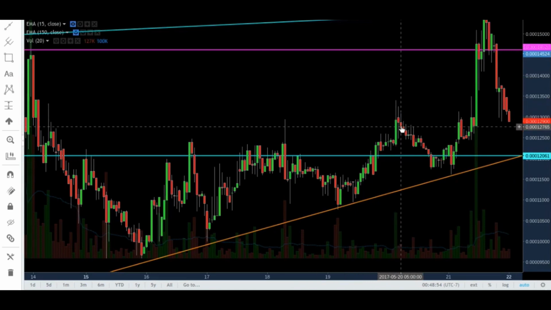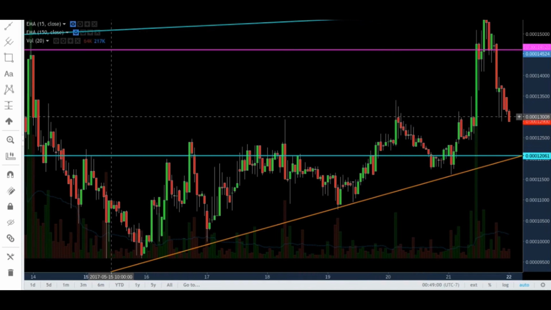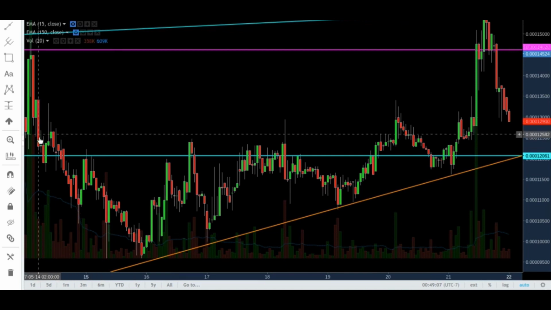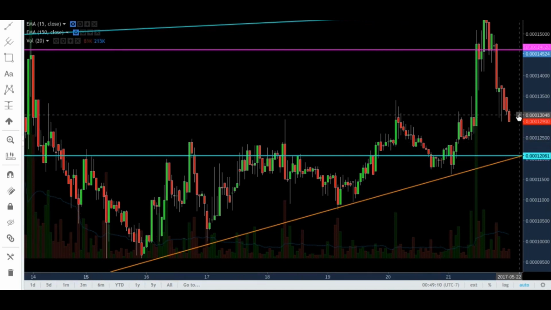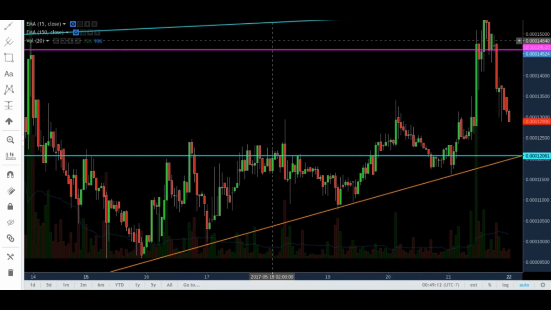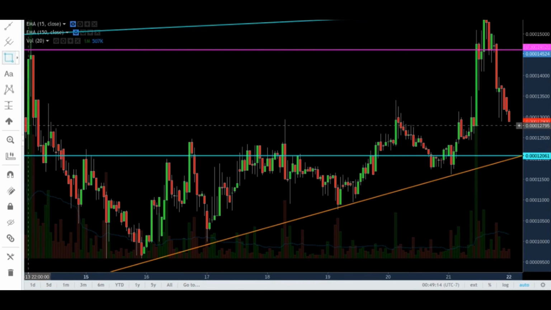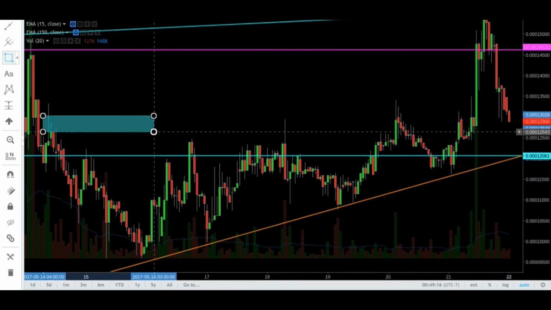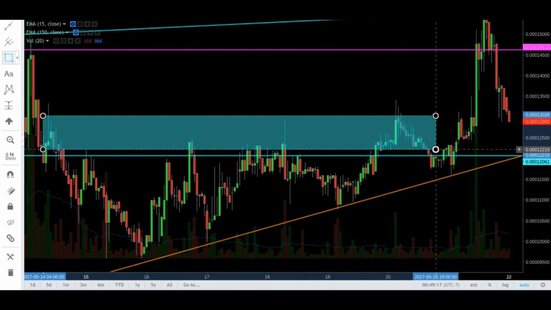I don't see anything. Now, if you look at this area, if I were to put a line here to signify the resistance and support zones, it would be this whole general area. So it'd be something like this, but I'm not going to confuse you. I just want to give you a visual. We're just going to go ahead and leave it as is.